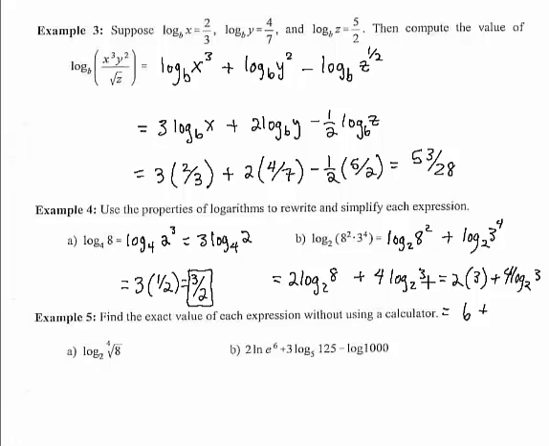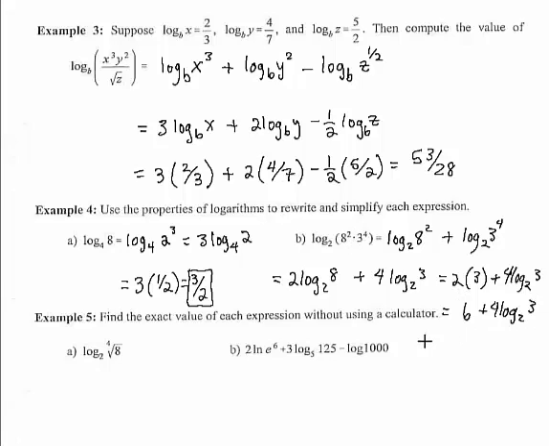It's going to turn out to be an irrational number. And so what we could do is simply leave it written as an exact number. We could enter this into the calculator. We know that log base 2 of 8 squared times 3 to the 4th is this exactly.